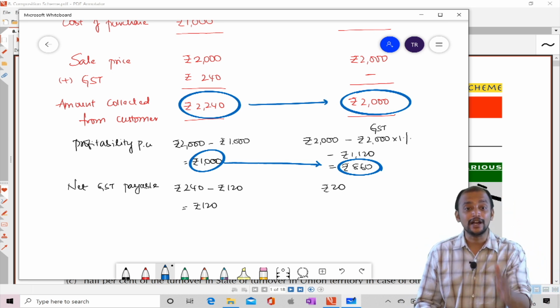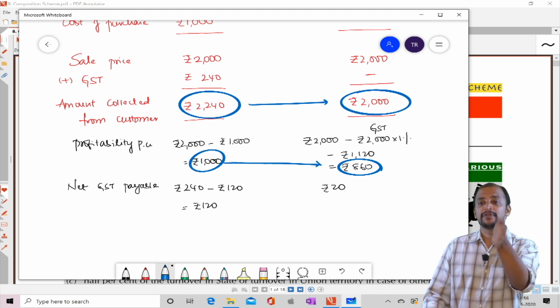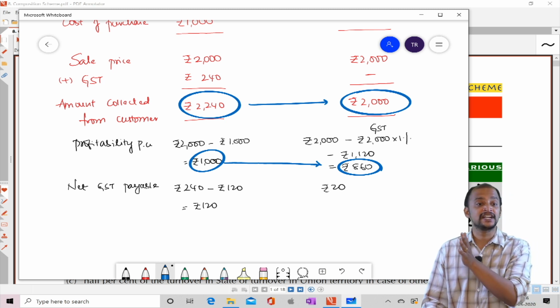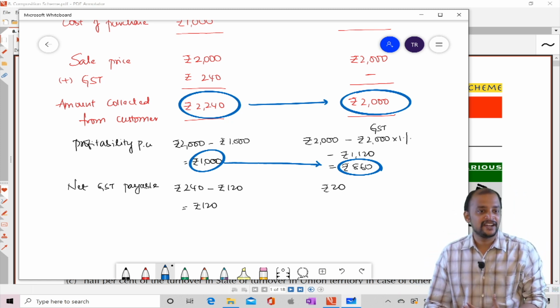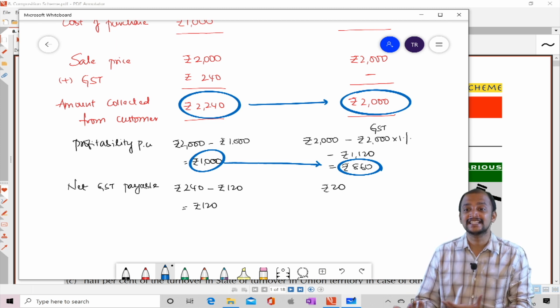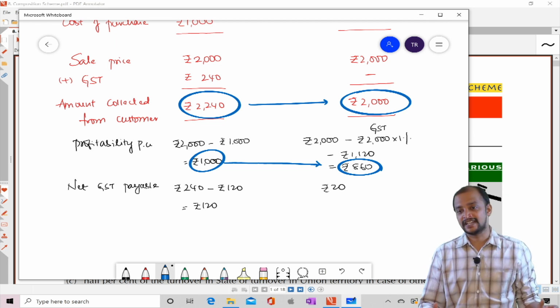So as a consumer, you will definitely prefer purchasing from a person who is opting for the composition scheme. Then what happens to his sales? His sales volume will increase.